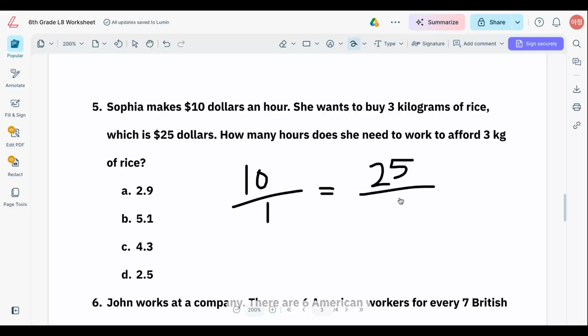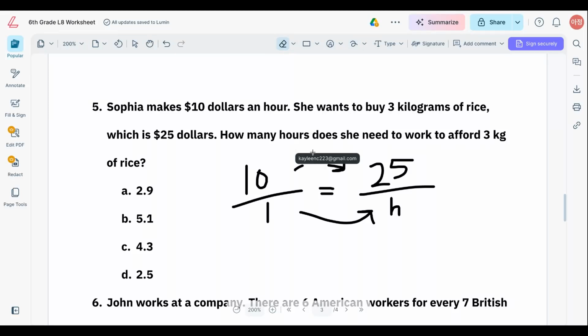And so we would need to find how many hours. Let's just say that the hours is H. So then we can just cross multiply, or we can just look at the proportions. We need to find out what we can multiply to 10 in order to get 25. So we can just do 25 divided by 10.